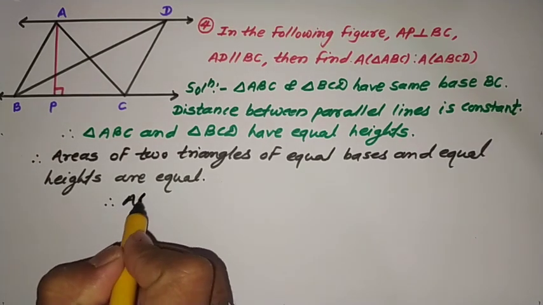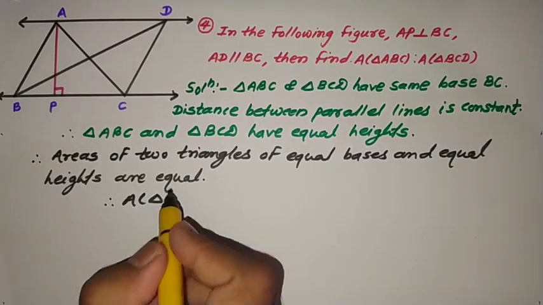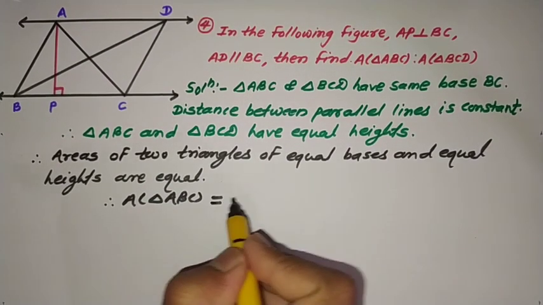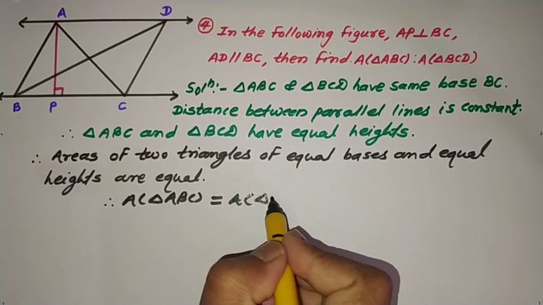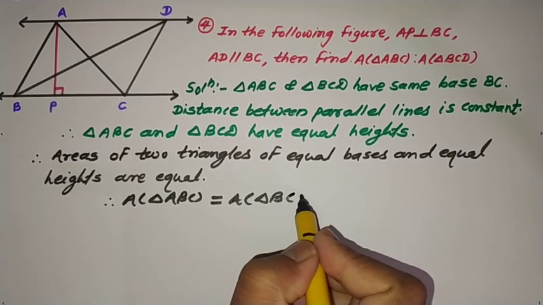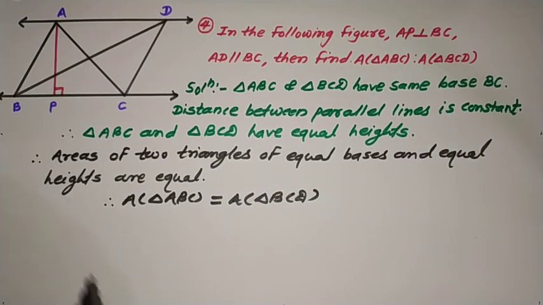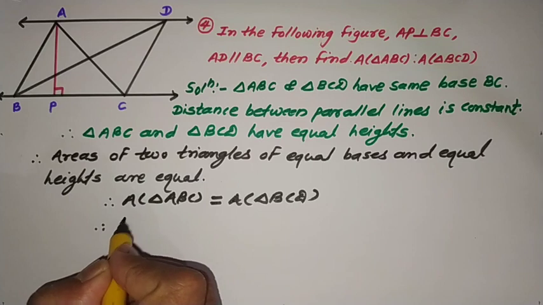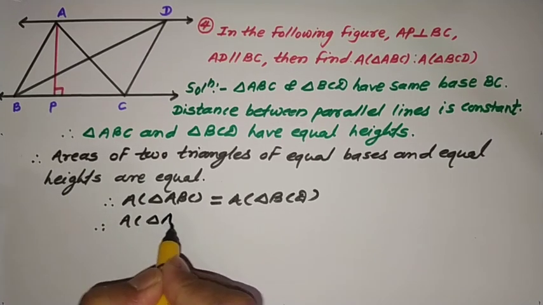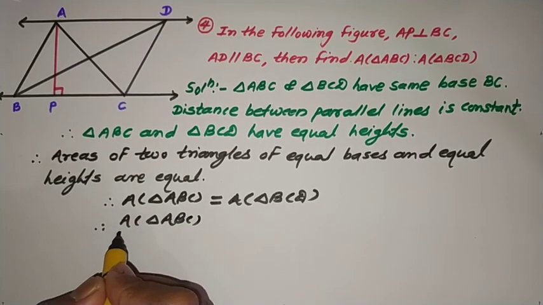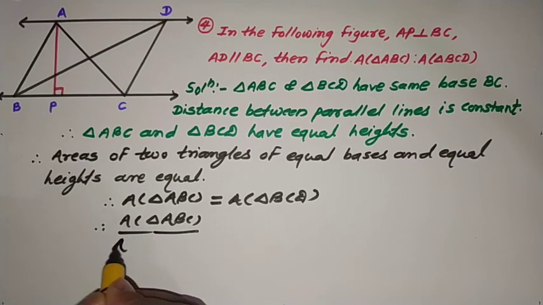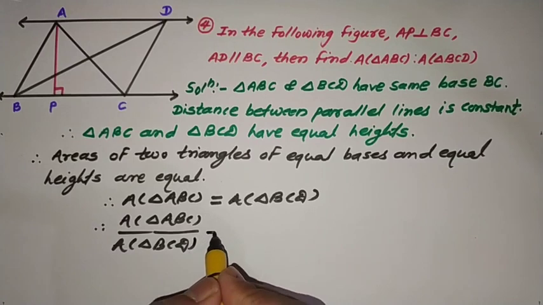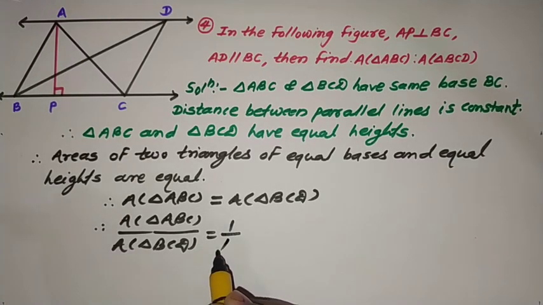Therefore the area of triangle ABC is equal to the area of triangle BCD. Bringing BCD to the left-hand side, the area of triangle ABC upon the area of triangle BCD is equal to 1/1.